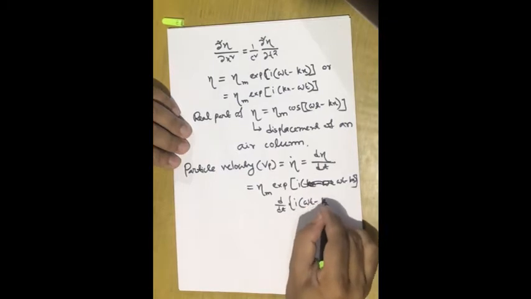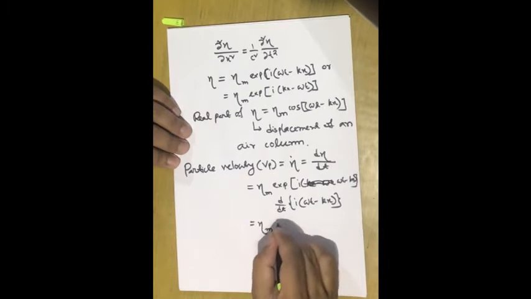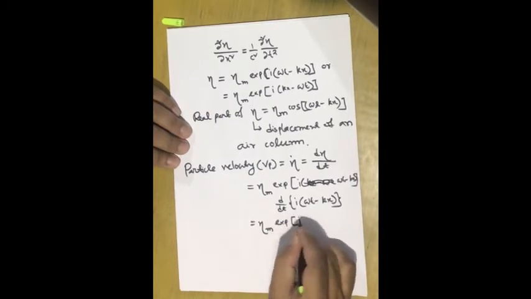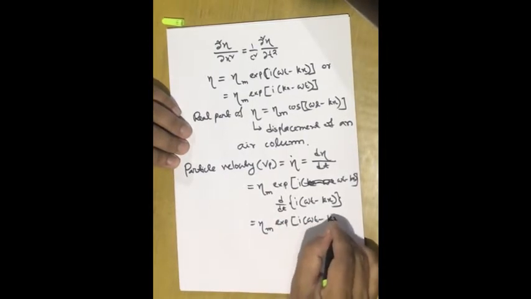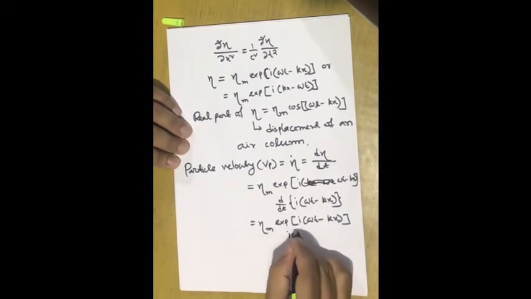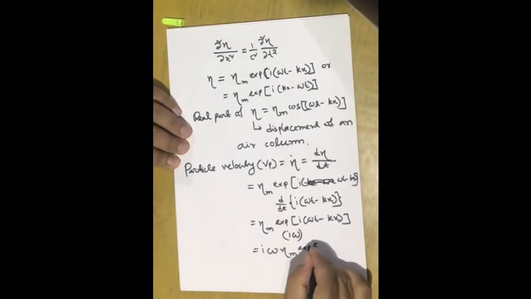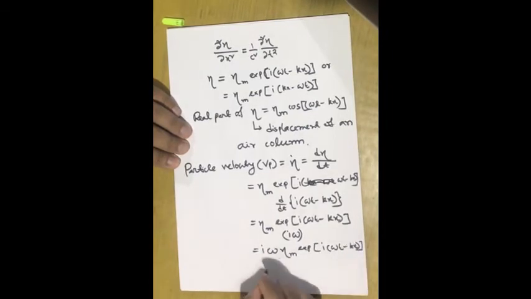So this value will be equal to eta m exponential i omega t minus kx, and this will be equal to i omega into eta m exponential i omega t minus kx. Okay, so this factor we can write as eta. Therefore, the particle velocity eta dot is equal to i omega into eta.